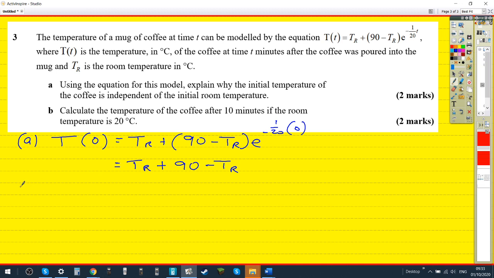Okay, question B. So that just means I need to sub in... no, not 10 times 20. The T of t, like the f of t.